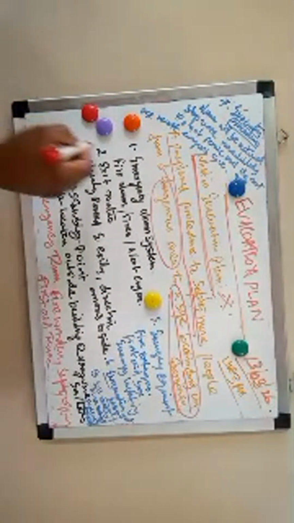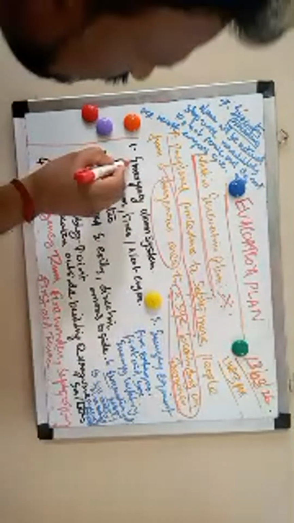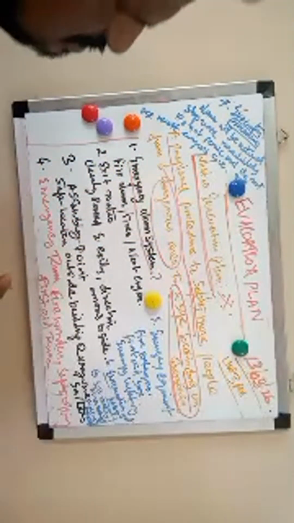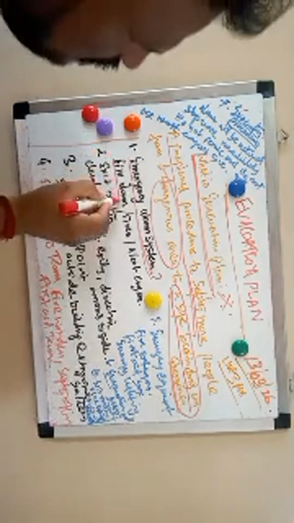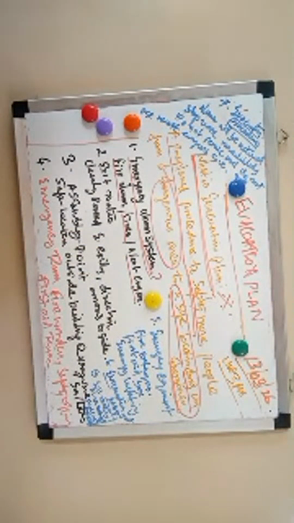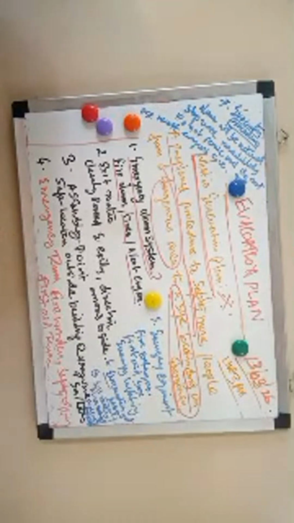Then what are the things in that? First, you must have an emergency alarm system. In that procedure, you have to mention the emergency alarm system: fire alarm, siren, alert. What will be the alert in each case?